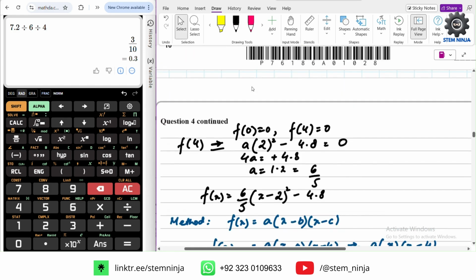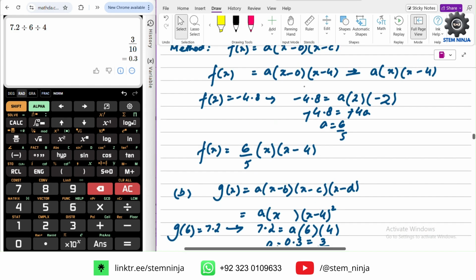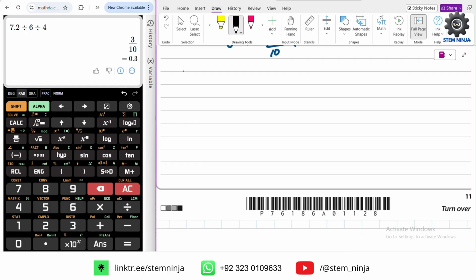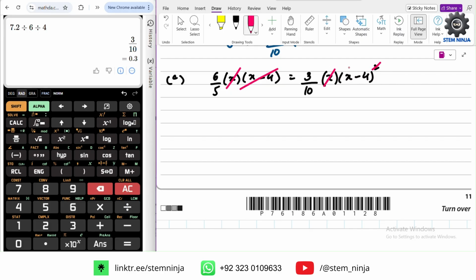So when we equate these together, now this time we have to use this form for f of x. So for the C1 part, 6 over 5 times x times (x minus 4), and 3 by 10 times x times (x minus 4) whole squared. We know that x is equal to 0 is already a solution and x minus 4 is already a solution.